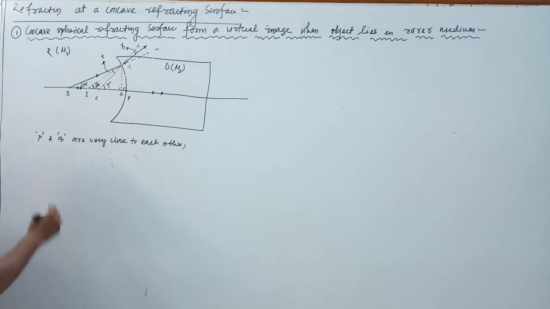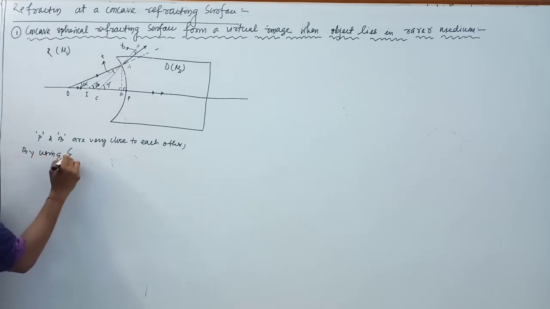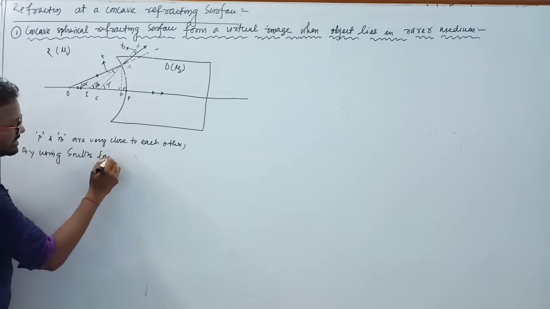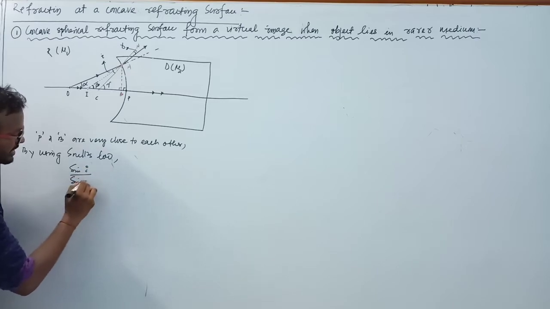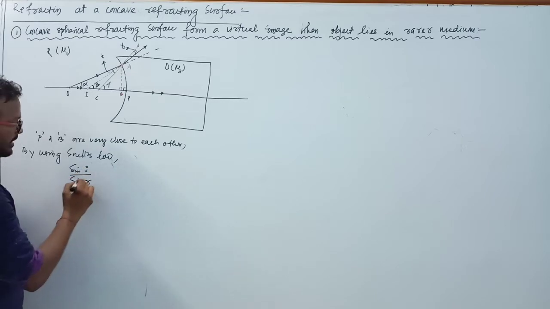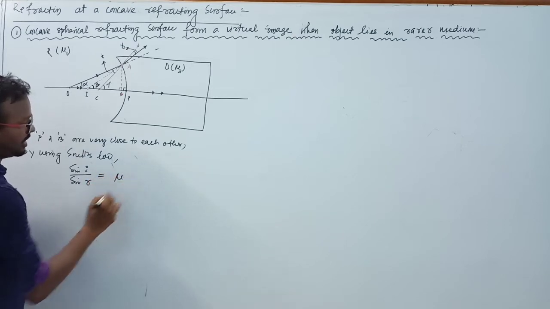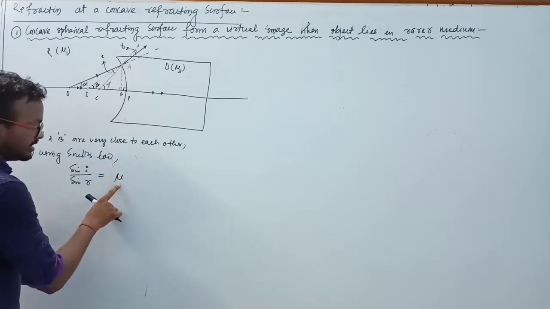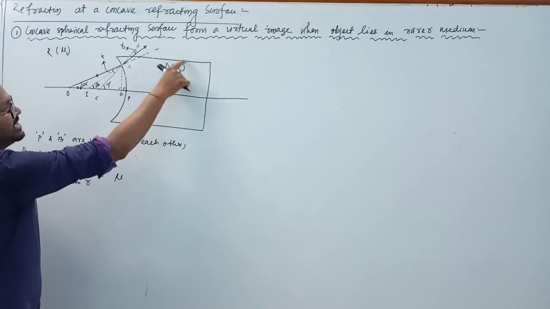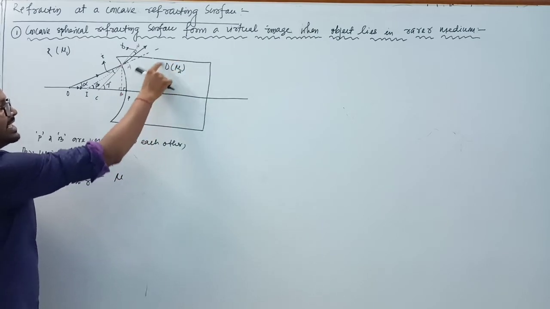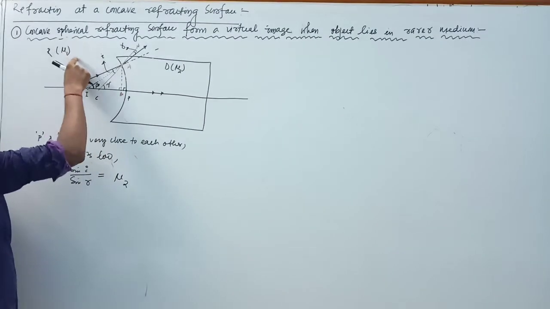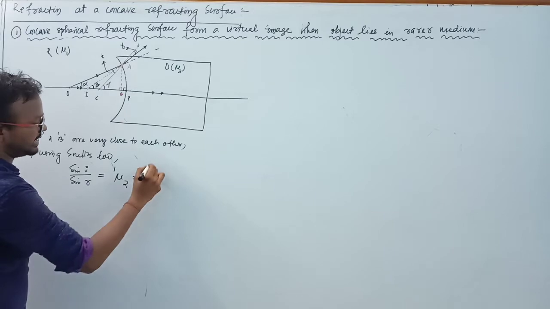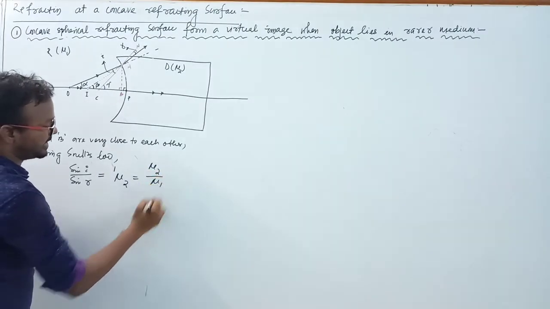In this refracting surface, if we use Snell's law, we can write that sine of angle of incidence divided by sine of refracted angle is equal to the refractive index of the second medium, where the refracted ray travels, that is mu2, divided by that of the medium the incident ray comes from, that is mu1. So sine i over sine r equals mu2 over mu1.